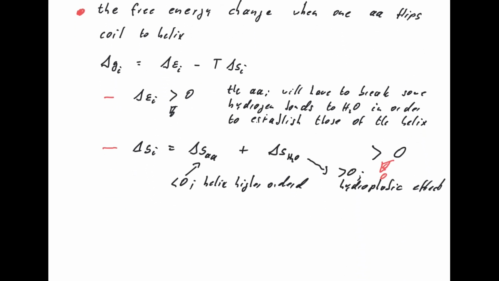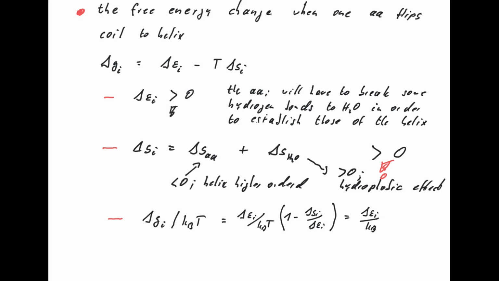Now it's handy to look at yet another expression that we obtain from the above considerations, and that is delta G i divided by kB T. Filling in our definition of delta G i, which equals delta epsilon i minus T delta S i, we can reformulate this expression and finally obtain that delta G i divided by kB T is equal to delta epsilon i divided by kB times (Tm minus T) divided by (T times Tm), where we define Tm as the ratio of delta S i divided by delta epsilon i.